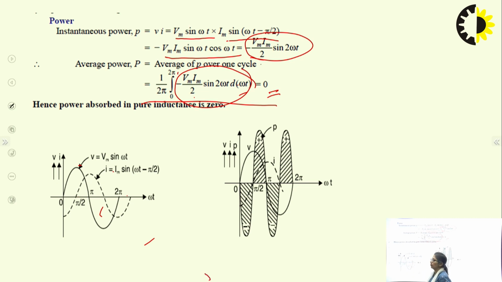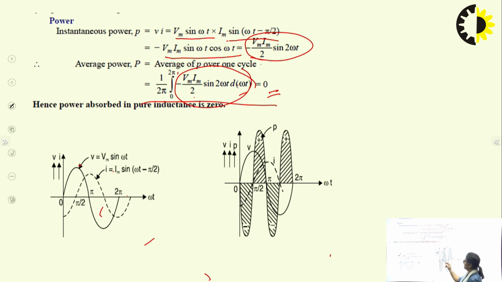Obviously the magnitude is smaller. Now if I plot the power, in the first quarter of the cycle up to pi by 2, the voltage is positive but the current is negative. If that is so, the power V into I will also be negative. If any one of the quantities is negative, then the power will be negative.